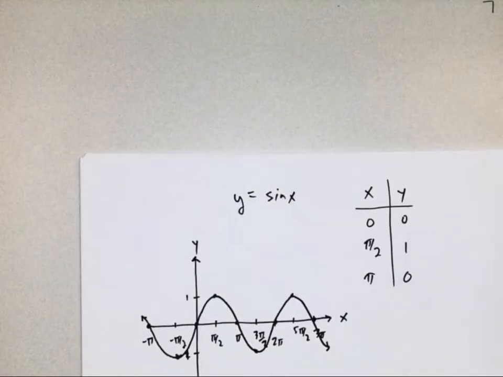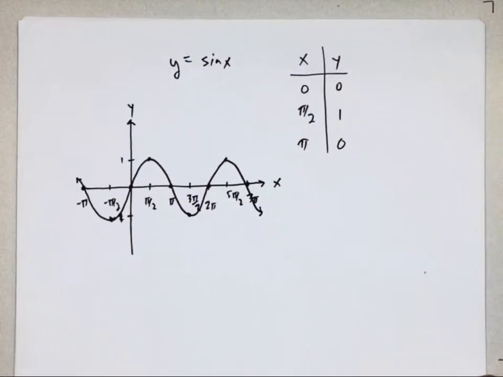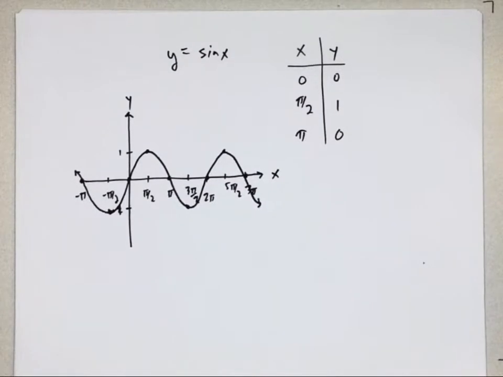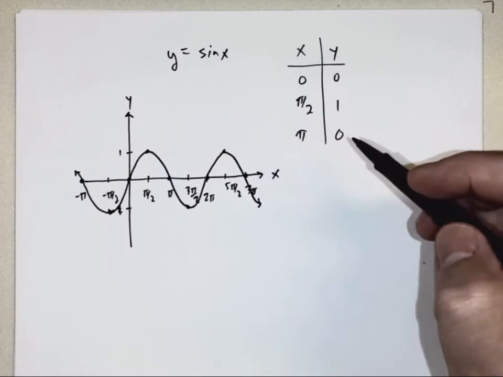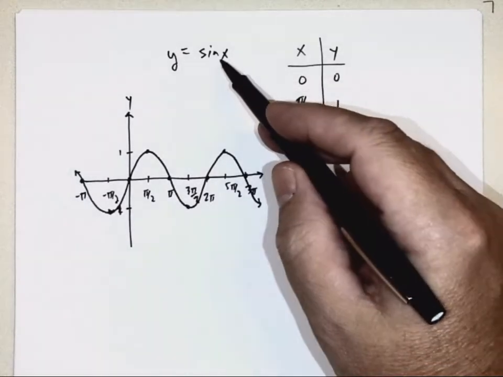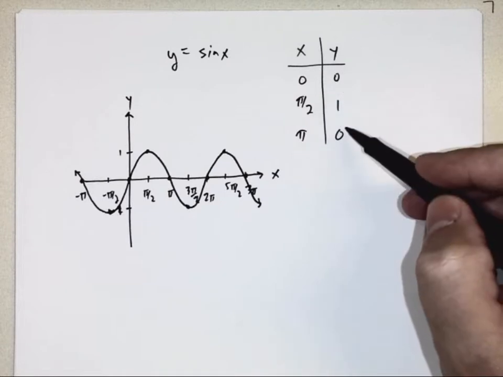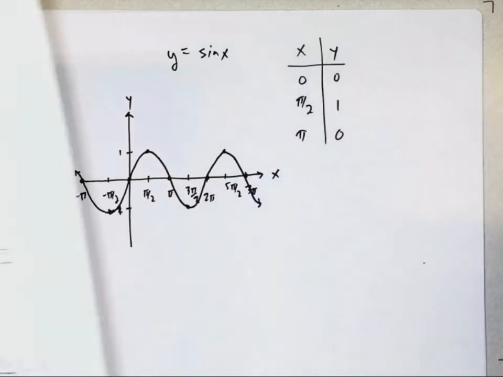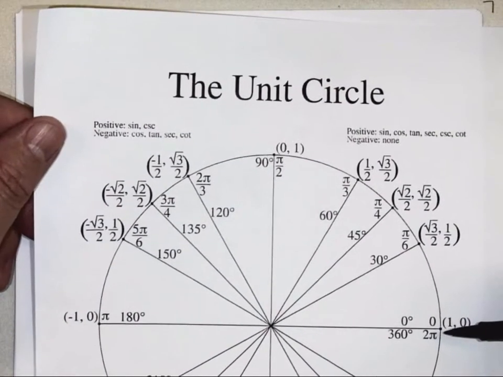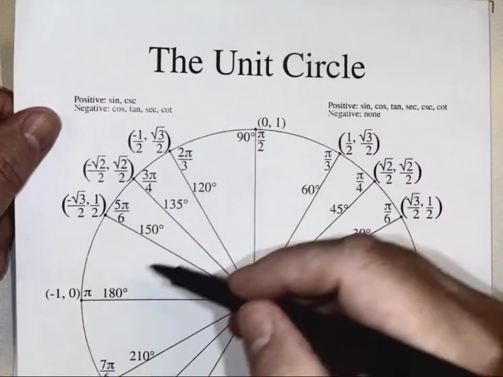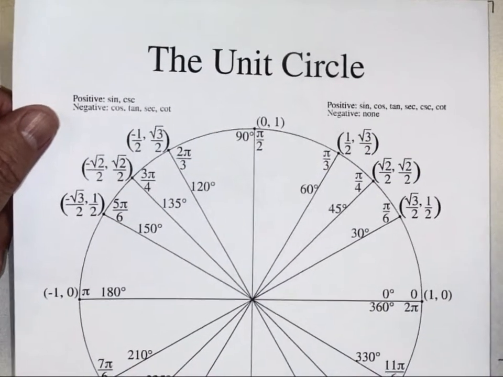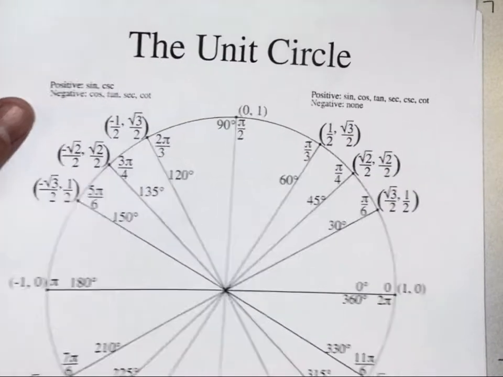So those are the two main trig graphs. And once again, what have we done? The x is my angle. The y is, in this case, the sine of the angle. And we simply went to the 4 major points on the unit circle.